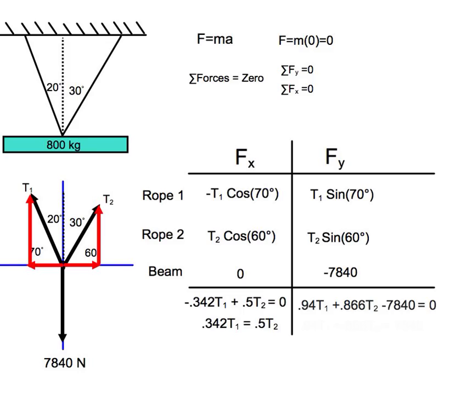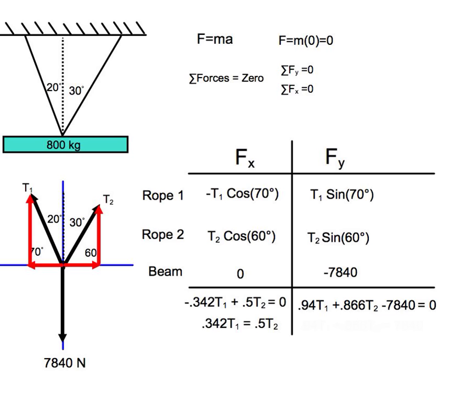Now in the y direction, all of those forces have to equal 0. So 0.94 T1 plus 0.866 T2, because sine of 70 was 0.94. The sine of 60 is 0.866. So 0.94 T1 plus 0.866 T2 minus 7,840 equals 0.